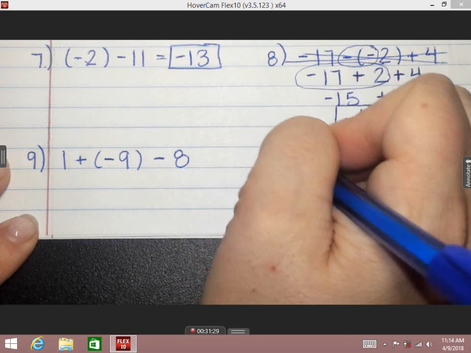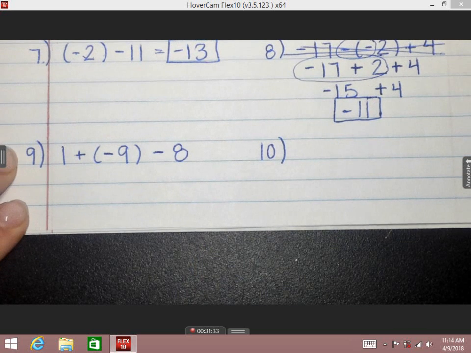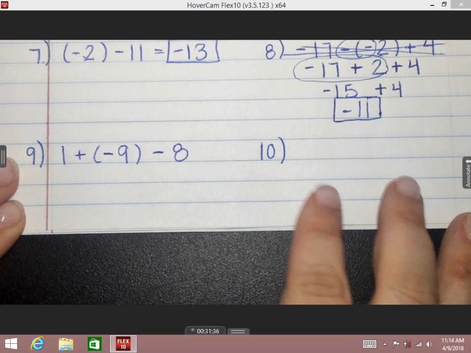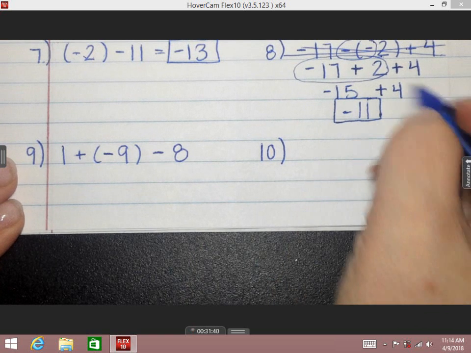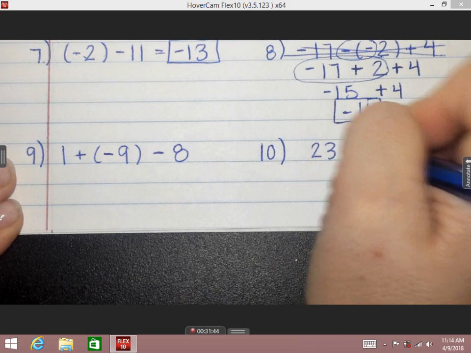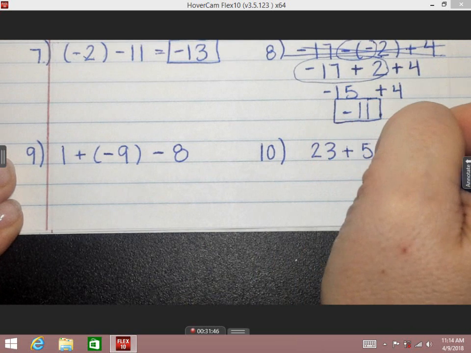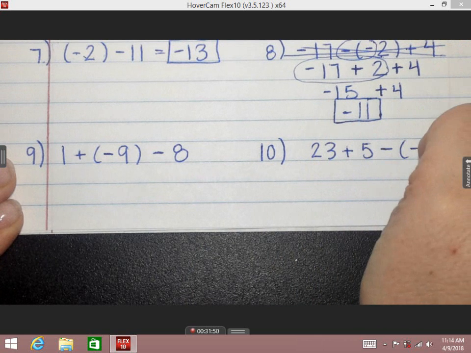And I'm going to go ahead and write number 10 up here as well, so that way, some of us are a little bit ahead of me. If you want to go ahead and work both of them, just make sure you check your answer as we work them. So we're going to do 23 plus 5 minus a negative 10.